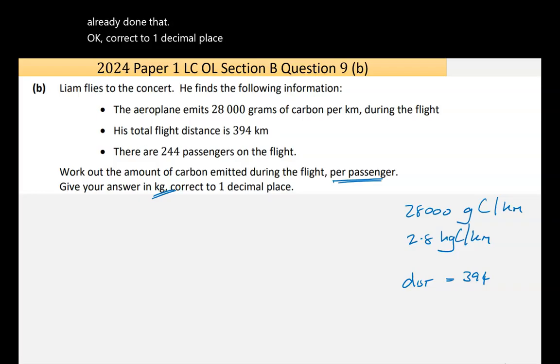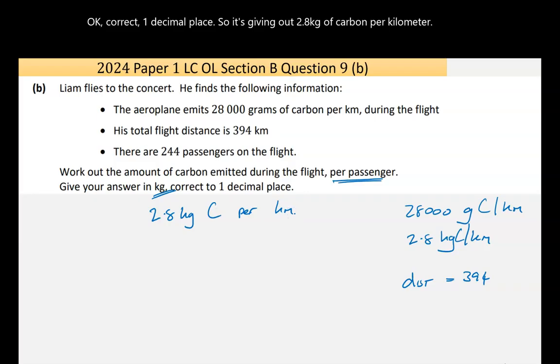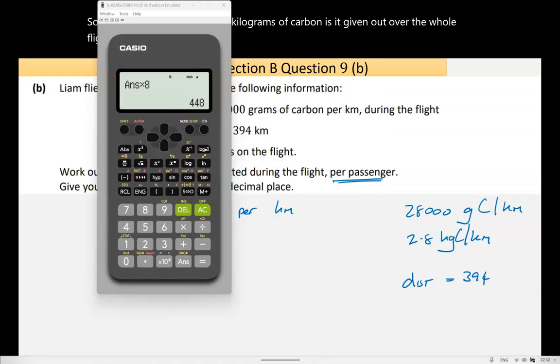So it's giving out 2.8 kilograms of carbon per kilometer. So we need to know how many kilograms of carbon are given out over the whole flight. So calculator job, that's 394 multiplied by 2.8.